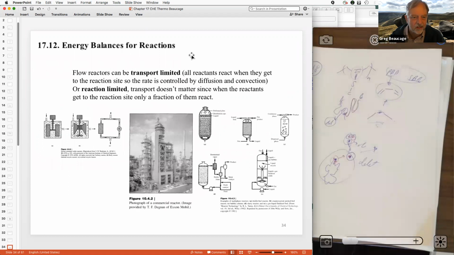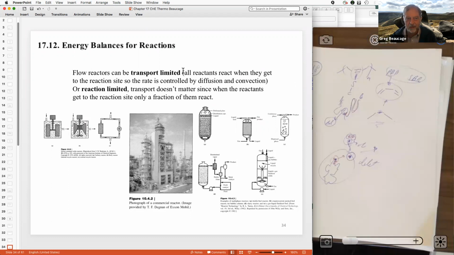When you get to studying reaction engineering, you're going to have situations where the equilibrium doesn't matter because the reaction's like totally 100% conversion. And in that case, it's a transport limited reaction, like how fast you can get the reactants to the reaction site is what decides the rate of reaction. And the thermodynamics of it is so overwhelming that it just happens, right?